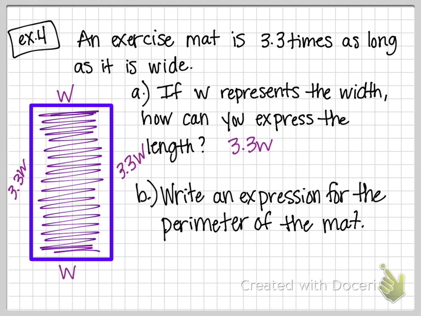So you do the lengths plus each other, so 3.3W plus 3.3W, plus W plus W. Good. And then you would simplify. I'm not going to, because we're out of time. We'd add all these: 3.3 plus 3.3 plus 1 plus 1.